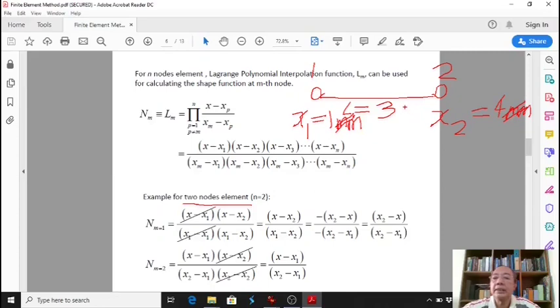So L is 3 meter. Let's consider if this node is displaced of 1 mm and node 2 is displaced of amount 2 mm.